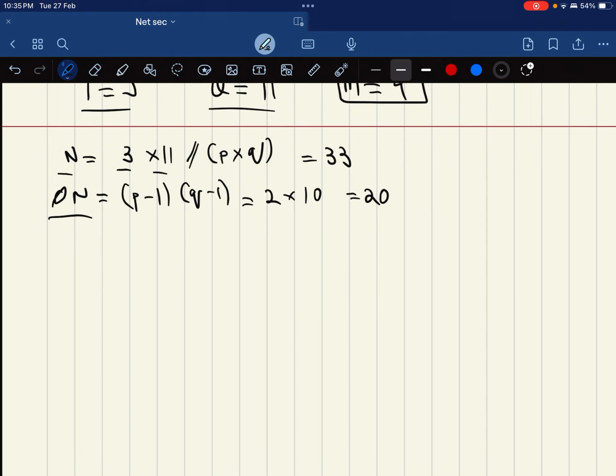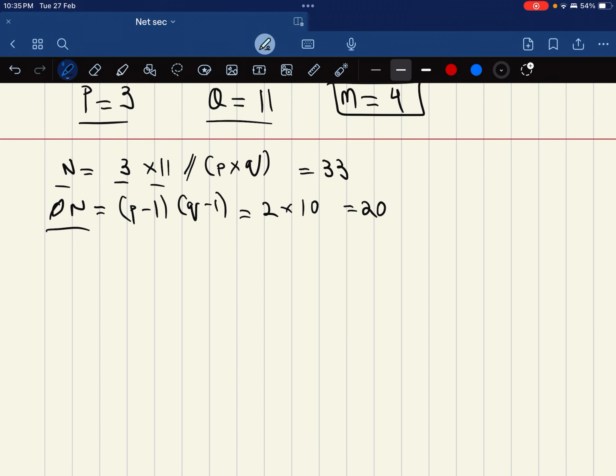Now we have to choose one public key value, which can be any value that you want, but it has to be coprime with this value, and it has to be less than this. So we can look for, let's call it an E value, and see the possible matches. 1 out of 1 to 20 is not a possible match. It has to be greater than 1.